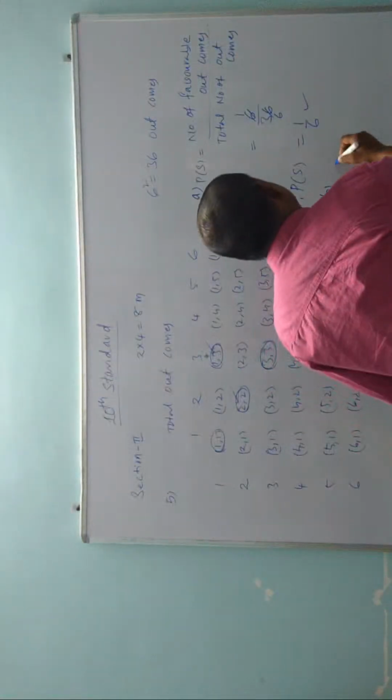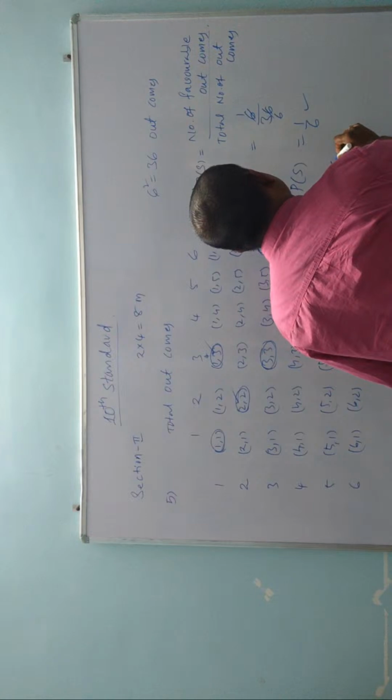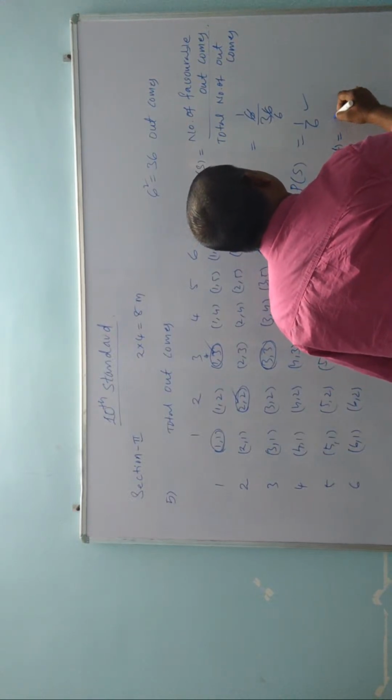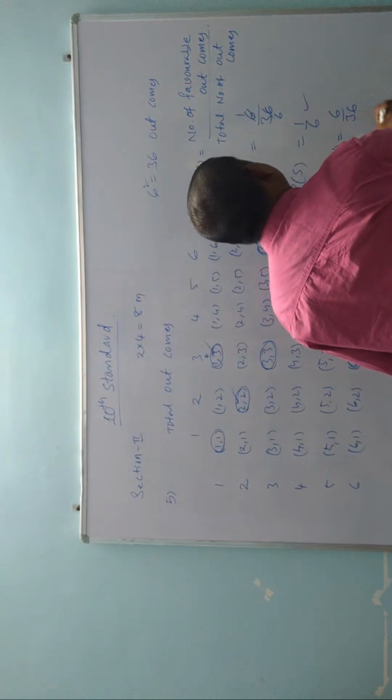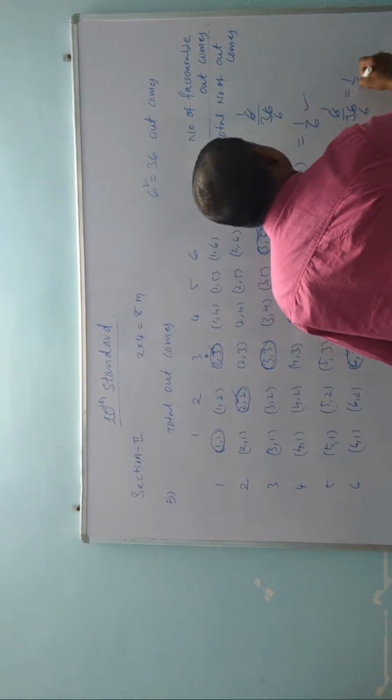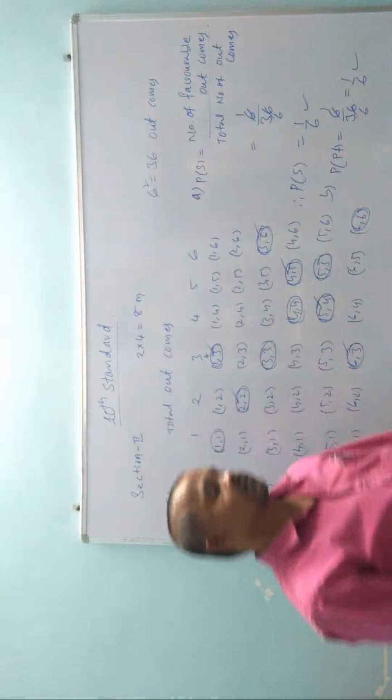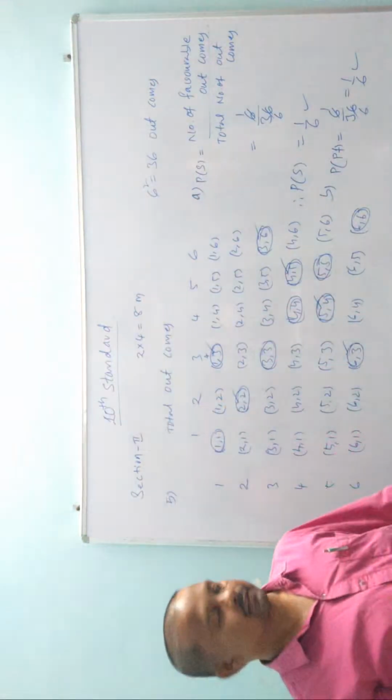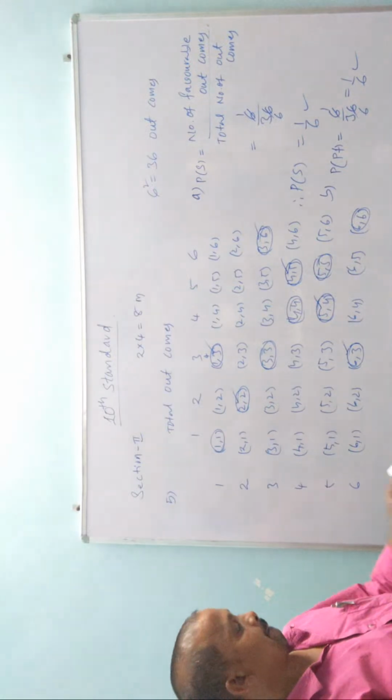There are 6. So the probability of getting a perfect square is 6 by total outcomes 36. 6 ones are 6, 6 sixes are 36, answer 1 by 6. So we get the same answer in these two questions: 1 by 6 and 1 by 6.